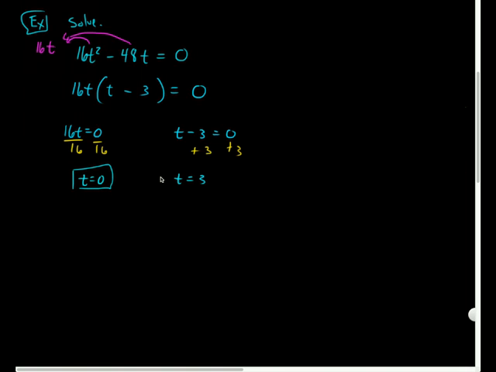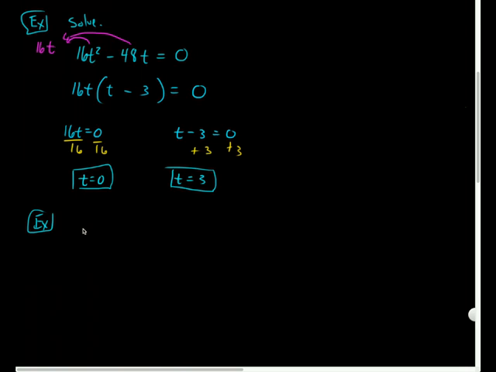And if I wanted to, I could even do a check in the original problem and verify that that works. Now when solving quadratics, frequently we'll have as many as two solutions, although it is also possible to have no solution or just a single solution as well. So there's our first example where I was able to factor using greatest common factoring as my technique.